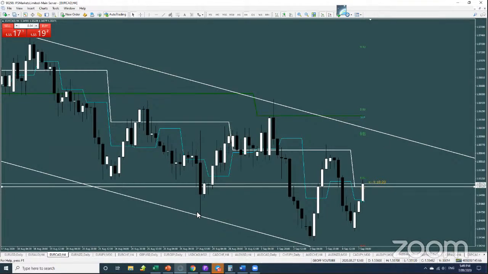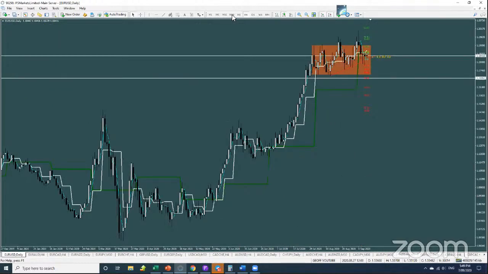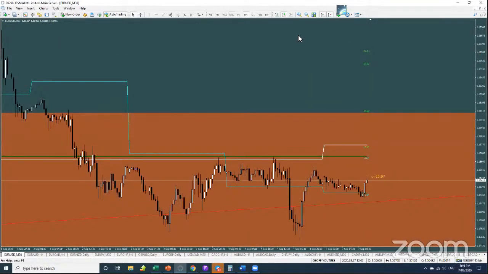There may be a possible euro-dollar M30 slingshot trade for the short if it forms an ABC on the 30-degree trade line. Okay, let's go back and have a look at that. M30.